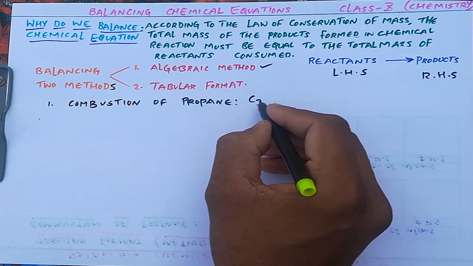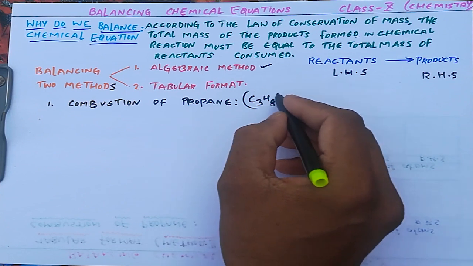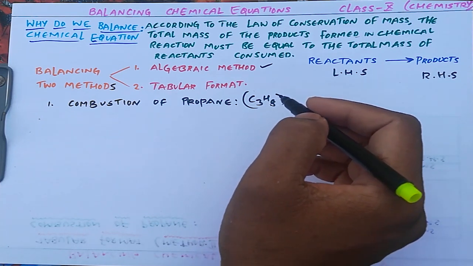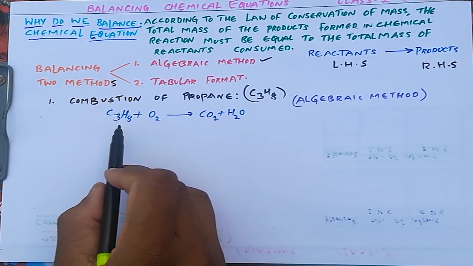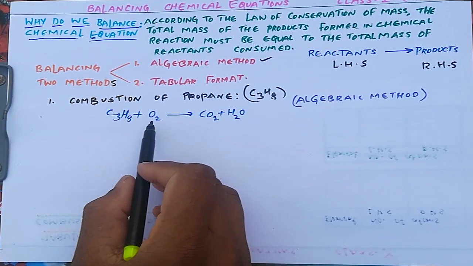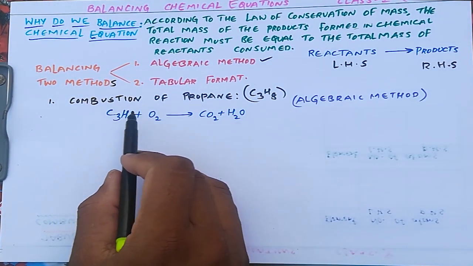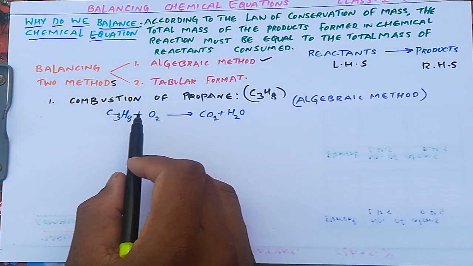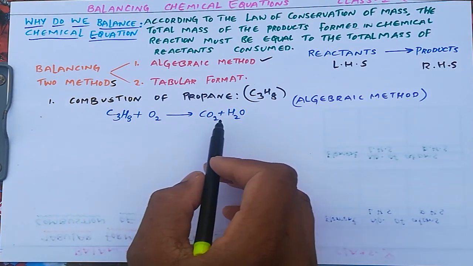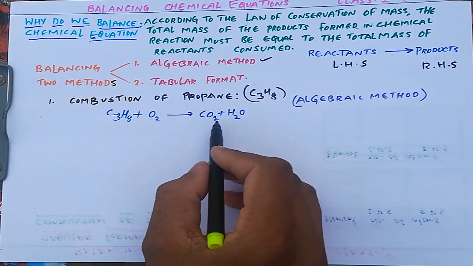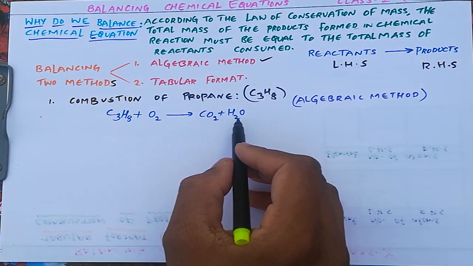The propane formula is C3H8. So propane reacts with oxygen; combustion means giving fire, so oxygen is present. Propane reacting with oxygen gives rise to carbon dioxide plus water.